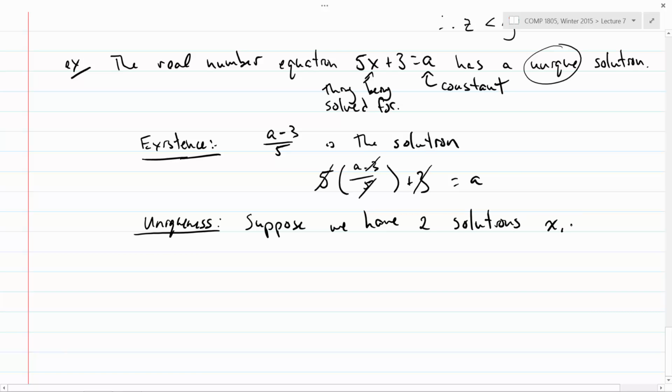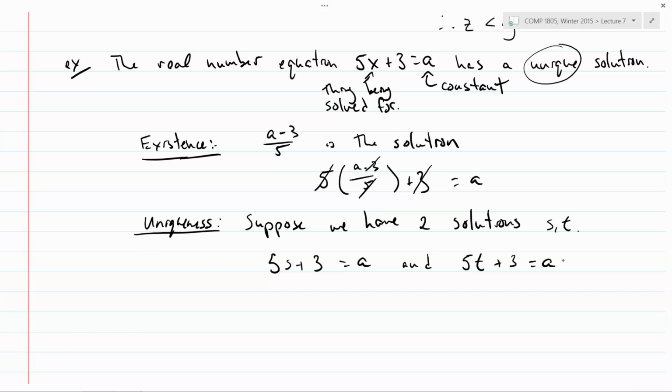Let's not call them x and y, we already have an x. Let's call them s and t. Well then, 5s plus 3 equals a, and 5t plus 3 equals a. That's what it means to be a solution.